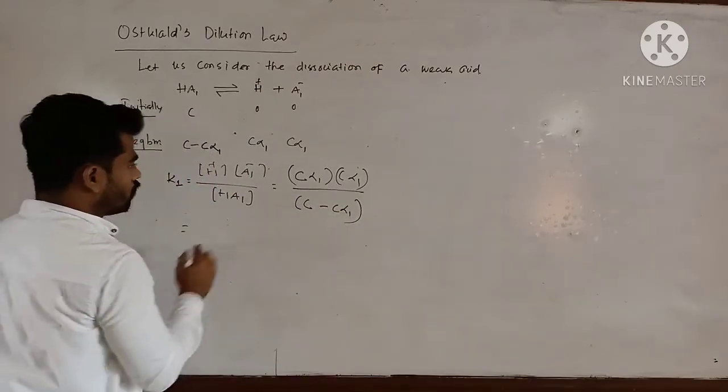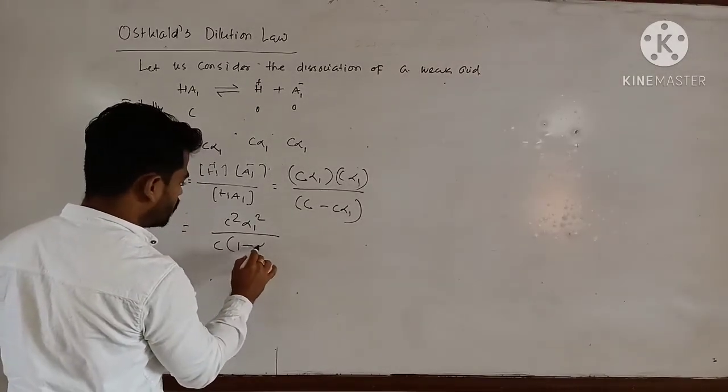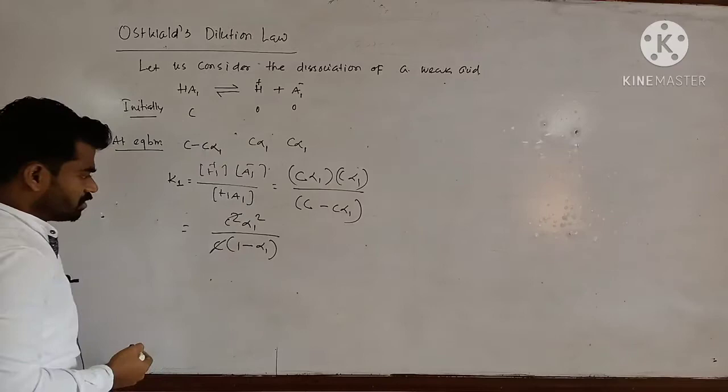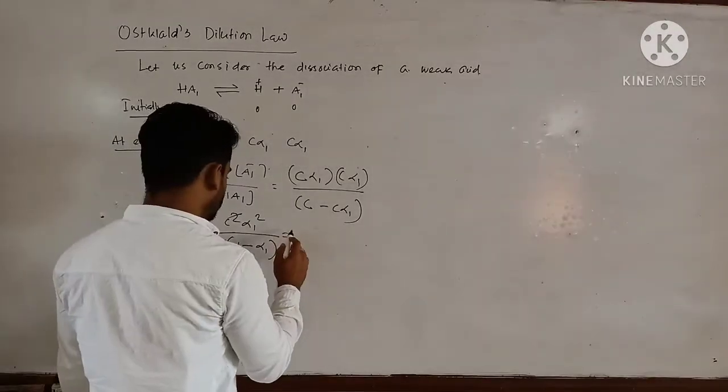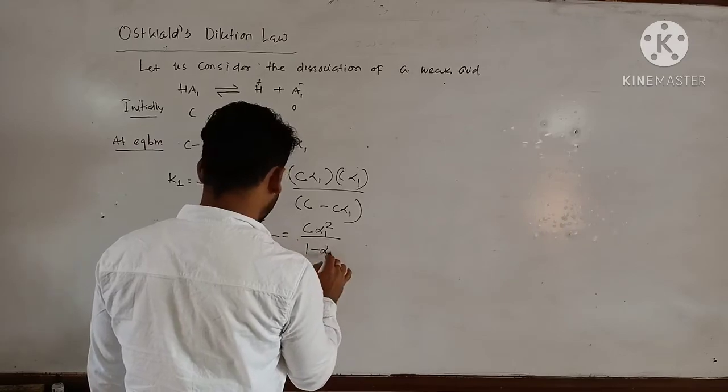So that will be equal to C square alpha 1 square upon C into 1 minus alpha 1. So C gets cancelled. That will be equal to C alpha 1 square upon 1 minus alpha 1.